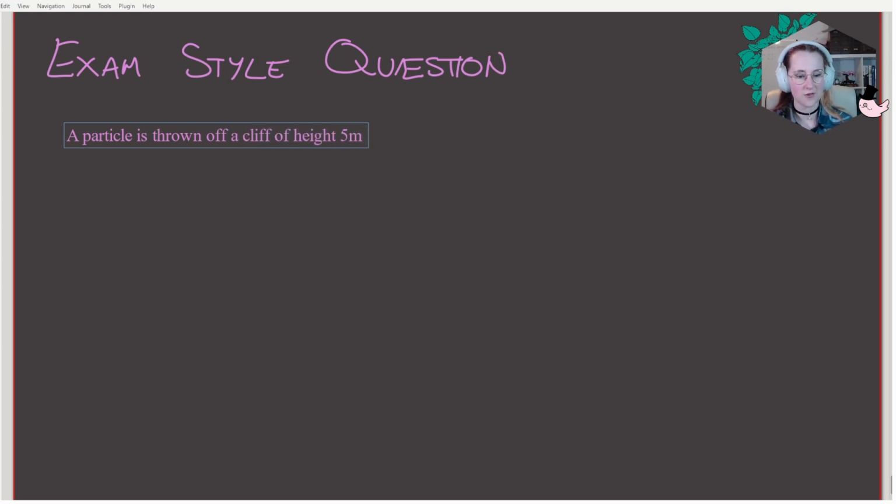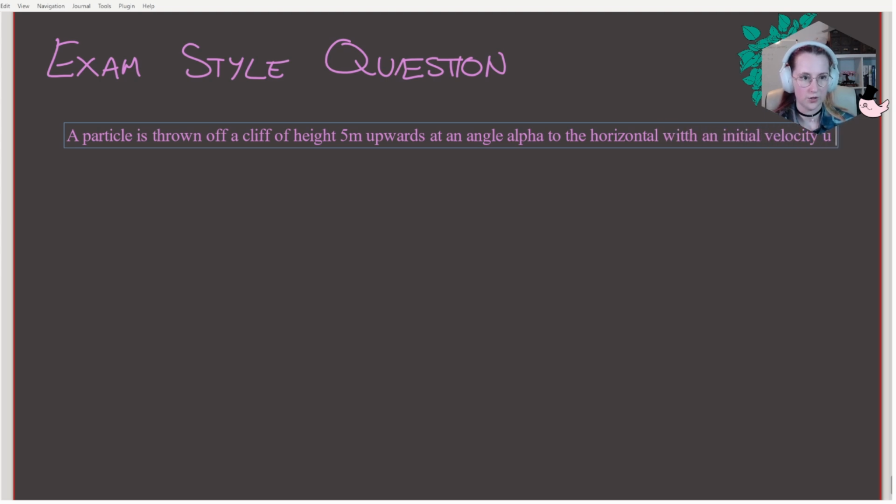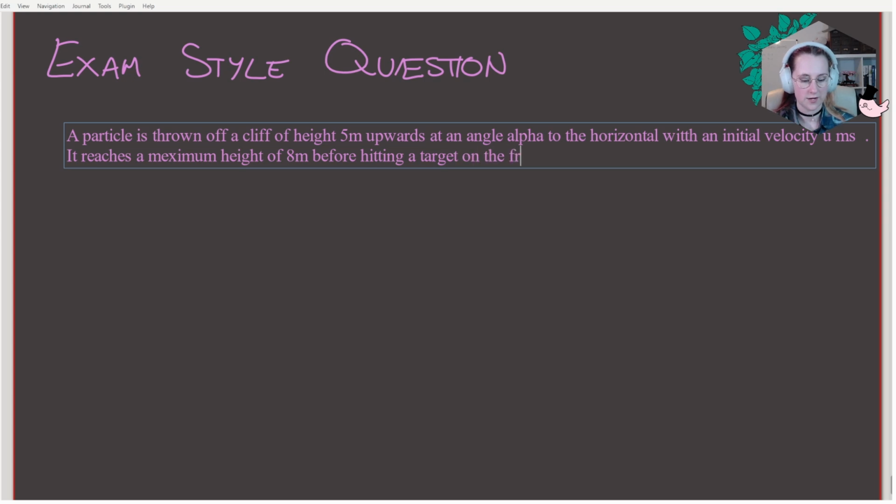So a particle is thrown off a cliff of 5 meters upwards at an angle alpha to the horizontal with an initial velocity u meters per second. Reaches a maximum height of 8 meters before hitting a target on the ground 30 meters away.